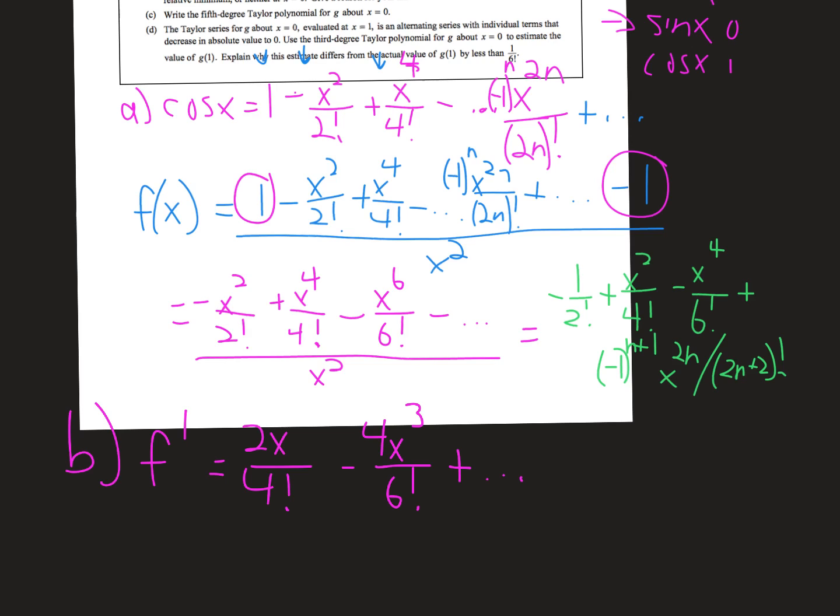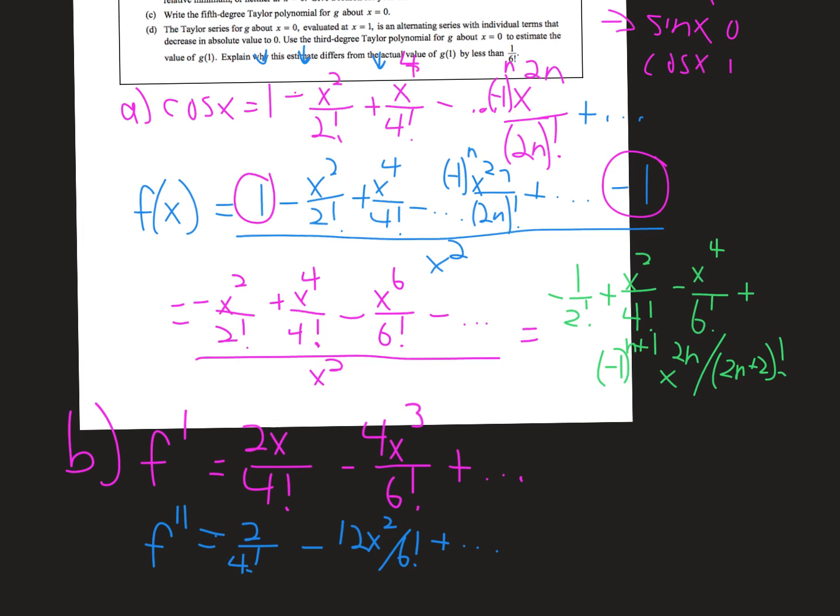Plus and so on. So I'm going to go this way, actually. So then I'm going to also look at f double prime. F double prime is 2 over 4 factorial minus 12x squared over 6 factorial plus and so on.